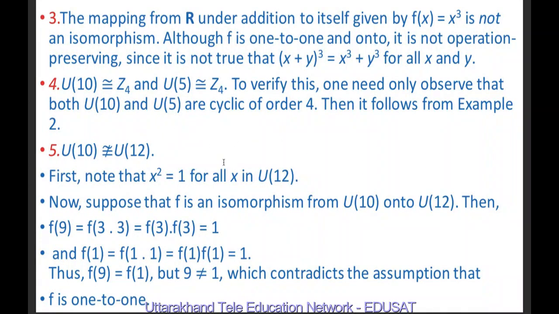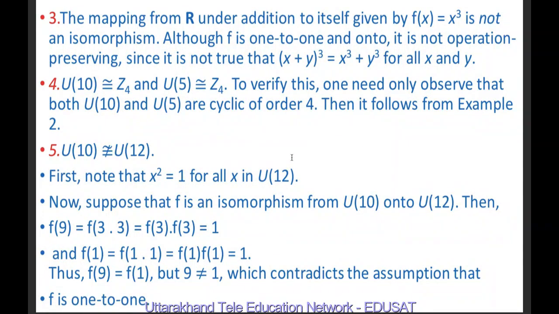Now if we denote the operation of multiplication modulo 12 by star, then we see that 1 star 1 is equal to 1. 5 star 5 is 5 into 5, 25, and if we divide 25 by 12, the remainder is 1. So 5 star 5 is 1. Now 7 star 7 means 7 sevens are 49, and if we divide it by 12, 12 fours are 48, so the remainder is also 1.